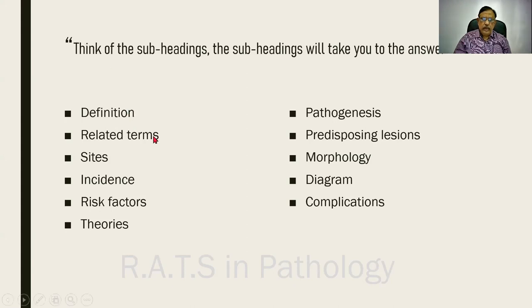Definition, related terms, sites, incidence, risk factors, theories of atherosclerosis, the pathogenesis, predisposing or the risk factors, morphology, diagram of course, and complications. Let us see how well and how fast we will be traversing through the various subheadings.